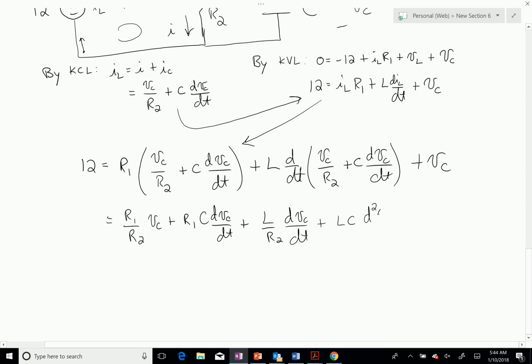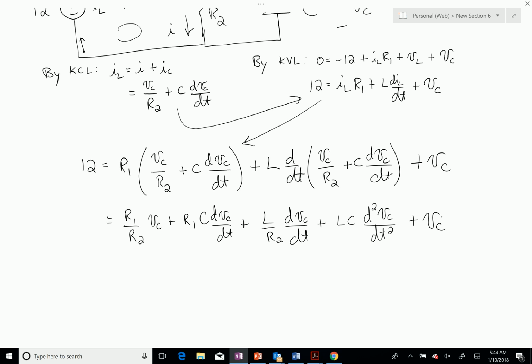Here's where the second derivative comes in, I've got a derivative of a derivative, plus VC, like that.